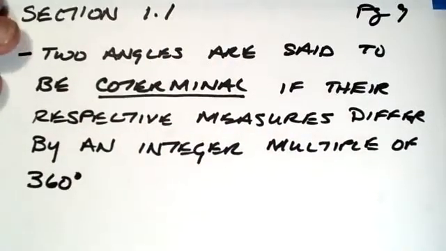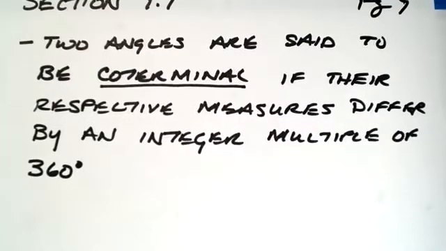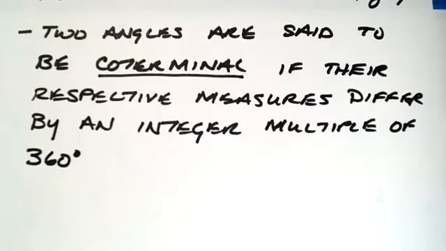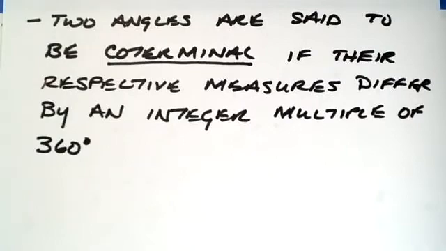Obviously, an angle is coterminal to itself. There are reasons why these coterminal angles are important, because it turns out the trigonometric functions of coterminal angles result in the same value. So being coterminal is basically a way to say it doesn't really matter how many times I've gone around the circle if I'm trying to find a trig value. Only the final position makes a difference, or where the orientation of the terminal ray is the only critical thing.